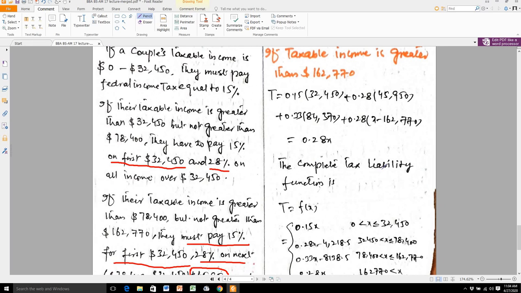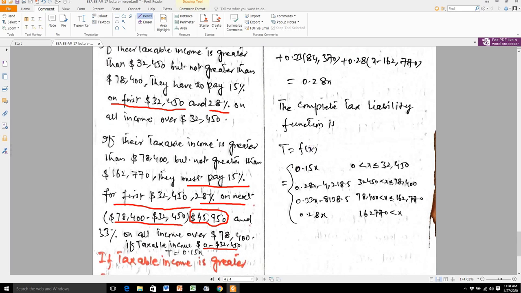The complete tax liability function is, you can see all this activity in the form of a function here. T equals f of x. You see here 0.15x is taxable when your income lies in the interval greater than 0 and less than or equal to 32,450; then you are liable to pay 15% on that income.